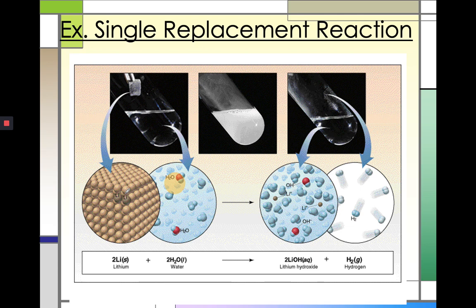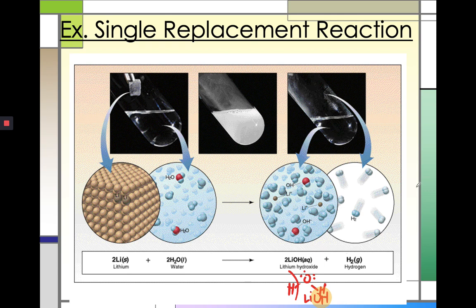Here, lithium displaces one hydrogen atom such that you will have LiOH. Take note that water can also be represented as H, O, H. Because lithium is very reactive, it is able to displace one hydrogen atom so that you end up with LiOH, but this time the bond is ionic.